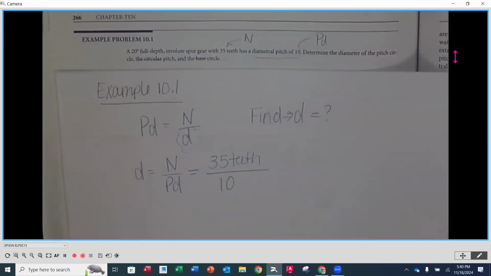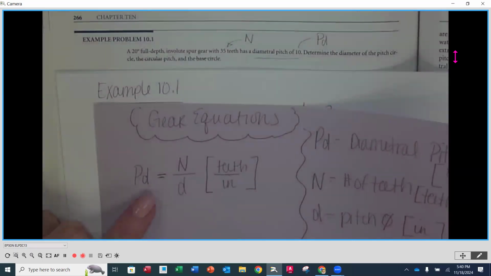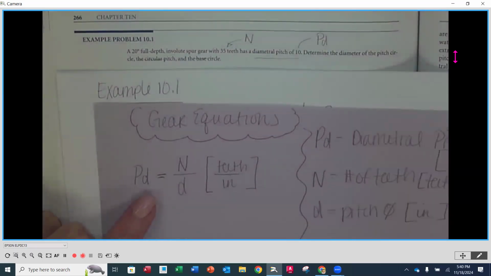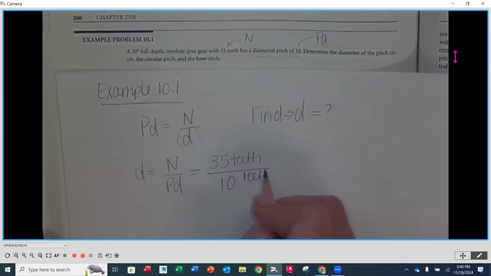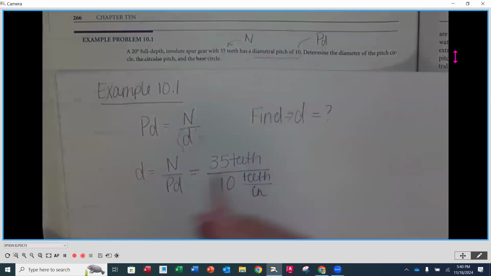Now, as I told you earlier, when we're given a diametral pitch, it's not going to have any units specified. But there are units. Remember, back here, to calculate diametral pitch, it's the number of teeth divided by the pitch diameter. So it's teeth per inch. So we are going to write those units in the problem, okay? Because when we're looking for a pitch diameter, that's a distance.